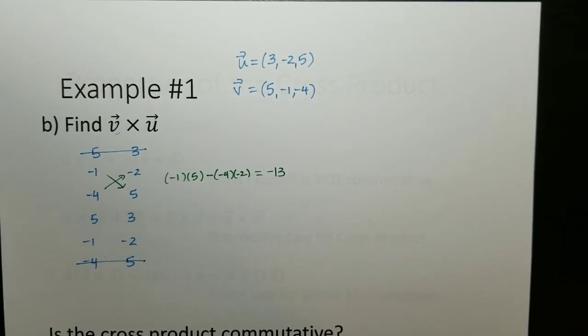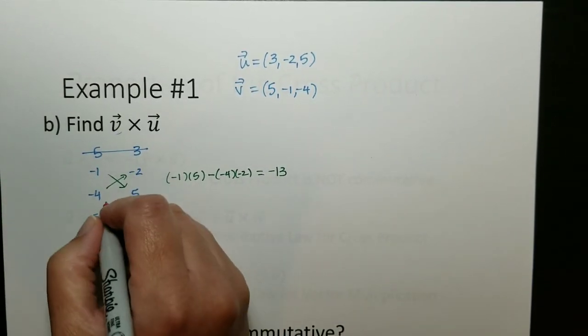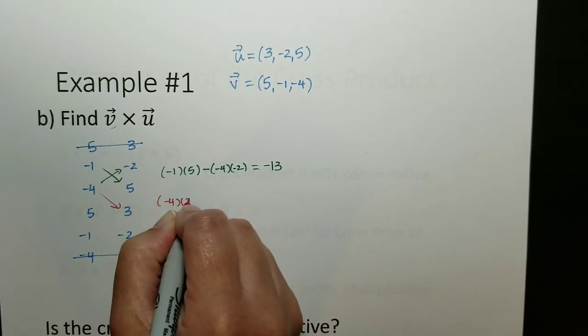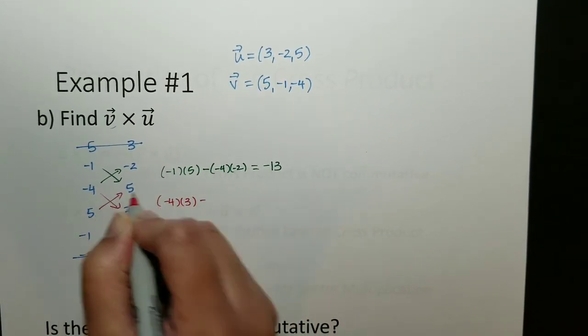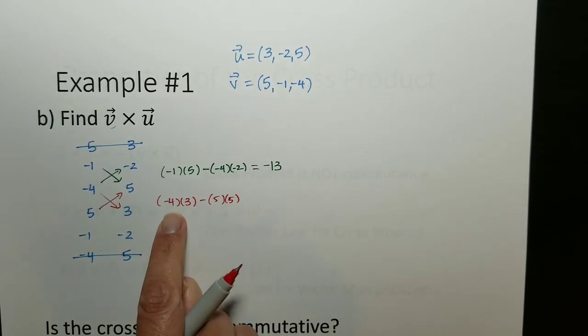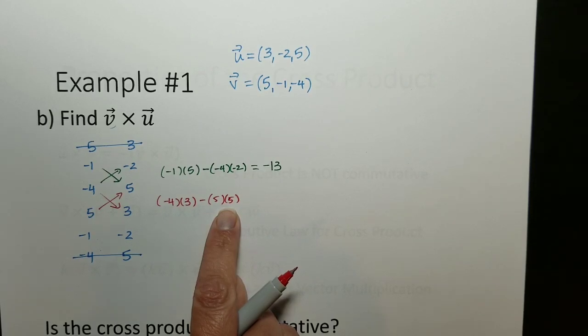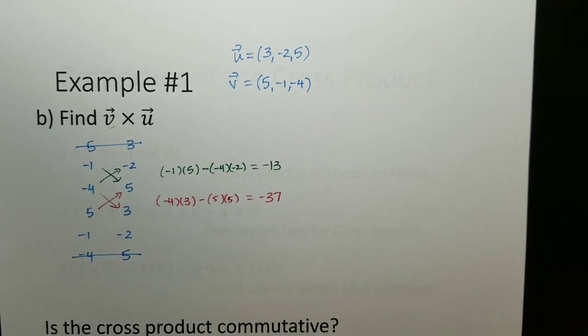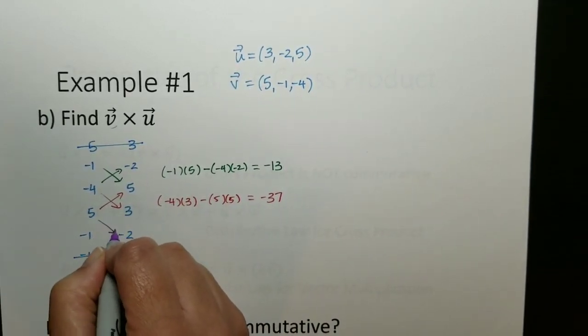So let's try our y values. So here I've got -4 times 3 minus 5 times 5. So that's -12 minus 25 is negative 37. And I think that you probably see what's going on here.